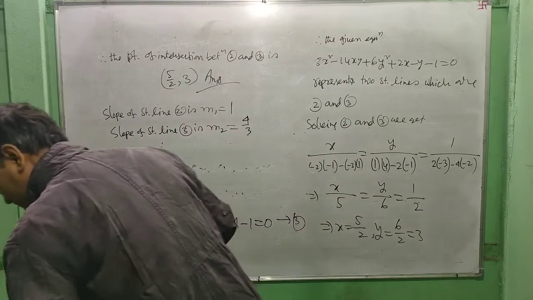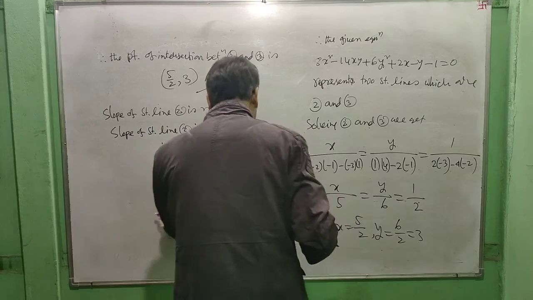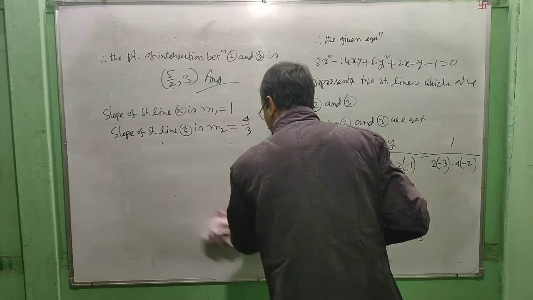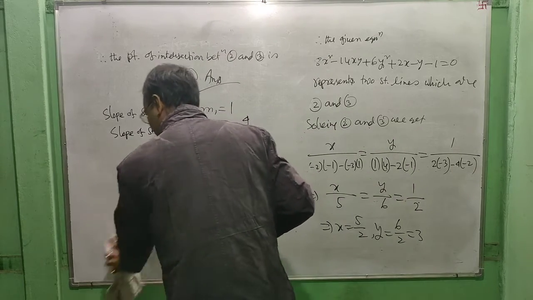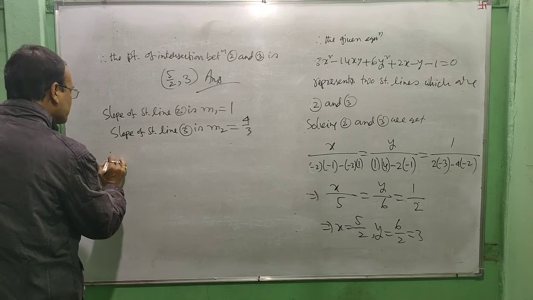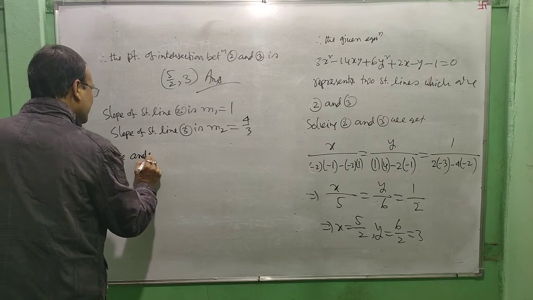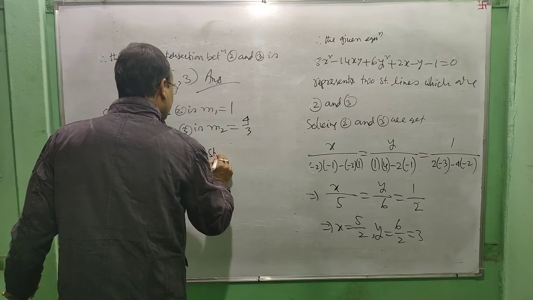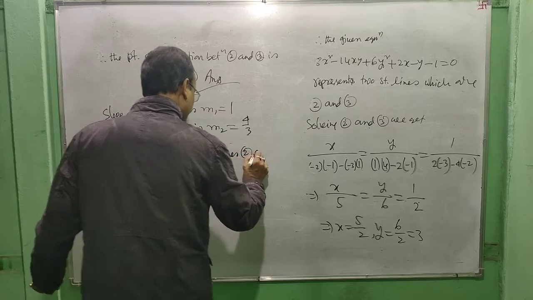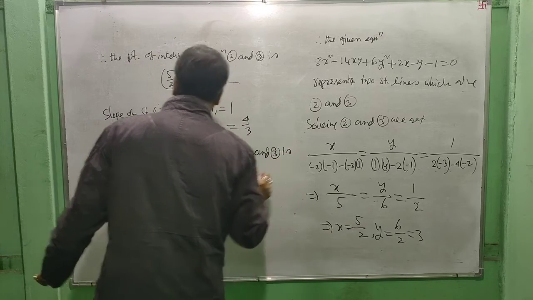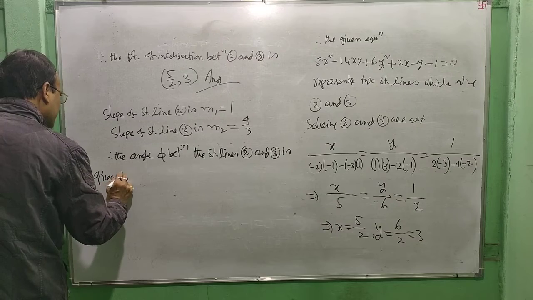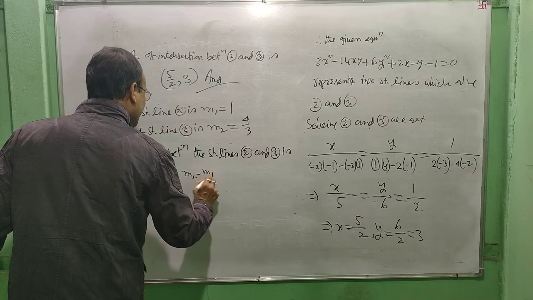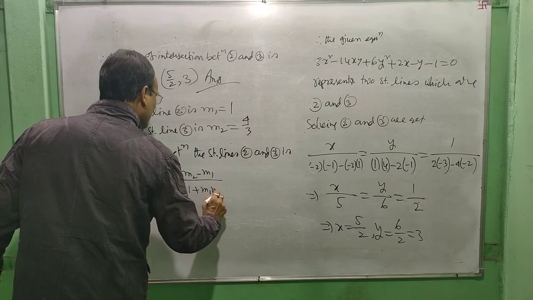Therefore the angle phi between the two straight lines 2 and 3 is given by tan phi equal to m2 minus m1 divided by 1 plus m1 into m2.